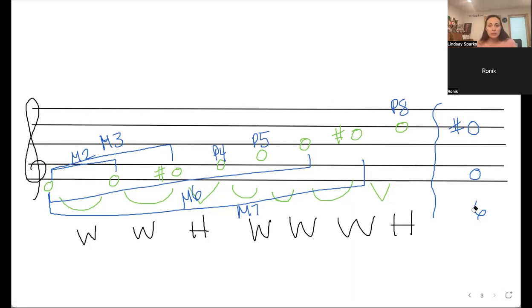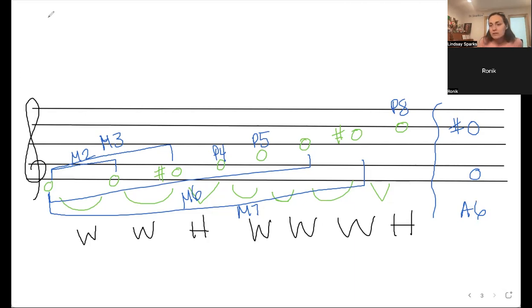I don't have a D sharp in F major. I do have a D, right? So if I think about the D being major, then D sharp being a half step more is going to be augmented. So this is an augmented sixth rather than a major sixth. See? So you can relate all the other qualities to the major or minor scales.